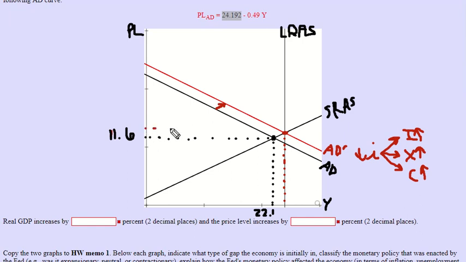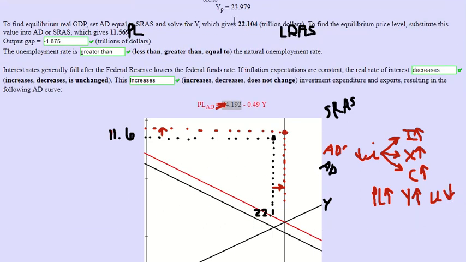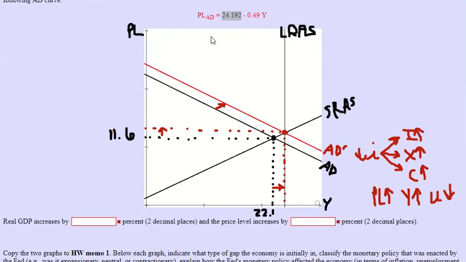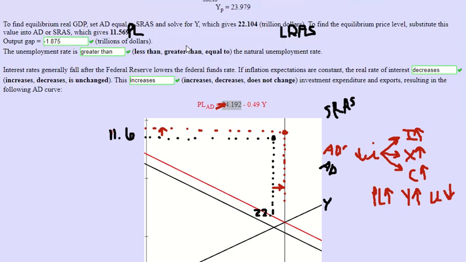And we got a higher price level, right? Prices went up and GDP went up. So price level increased, GDP increased, and unemployment decreased. And GDP increased to 23.979, the potential level, right? We'll call it 23.98.